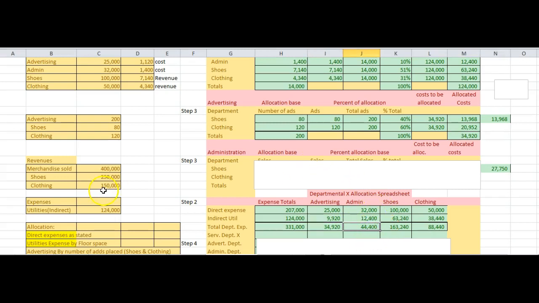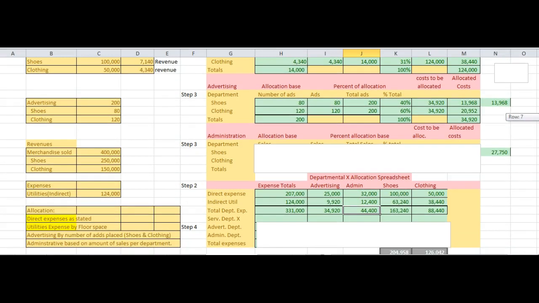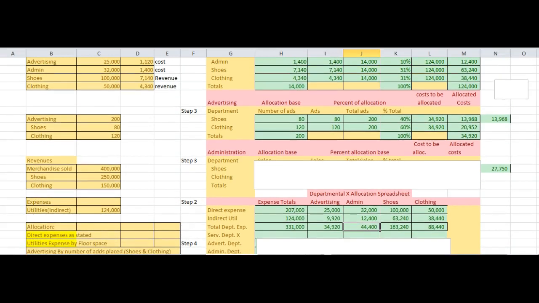Okay, so next I'm going to do the admin. And how do I allocate admin? Go down and look. It's based on sales per department. Okay. So sales are 400,000 overall. So that's right here again. We're going to be doing that same thing again. 250.